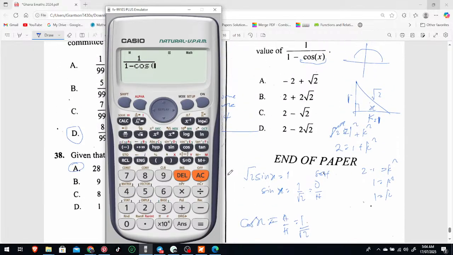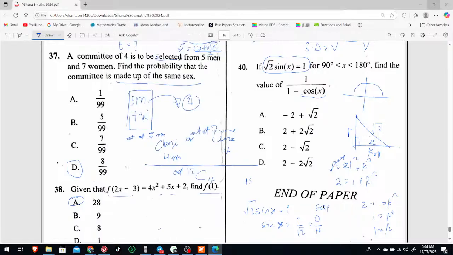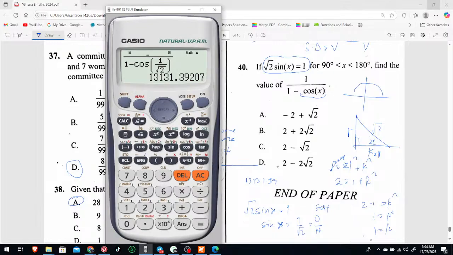Don't worry about the radicalization. The calculator will do it for you. So we get 131.39. Write this answer down and go and punch all of these options, and see if you get this answer.